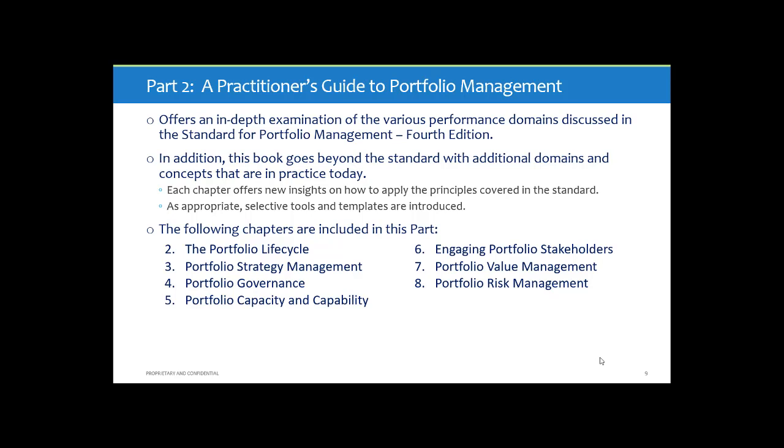Each chapter offers new insights on how to apply the principles covering the standards, and as appropriate, selective tools and templates are introduced. So here in this book, you'll have the portfolio lifecycle, strategy, governance, capacity and capability, engaging portfolio stakeholders, value management, and risk management.